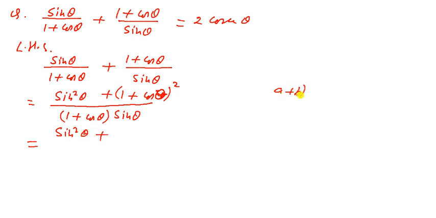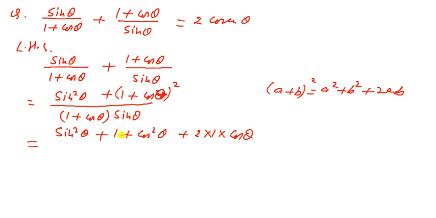Now open the bracket. It is sin square theta plus, as you know, (a plus b) whole square is equal to a square plus b square plus 2ab. Now using this formula, we get 1 plus cos square theta plus 2 into 1 into cos theta.